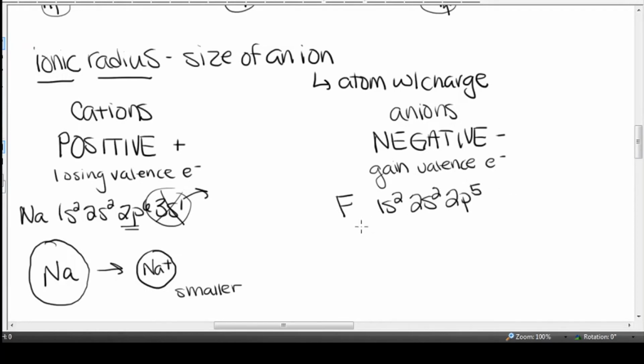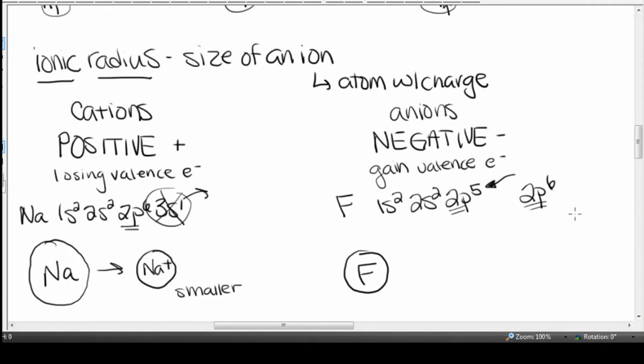If fluorine became fluorine 1 minus, like let's say we have an atom of fluorine, if it were to gain an electron, it would go right there into that 2p orbital to become 2p6. We haven't changed energy level, right? We're still in the second energy level. So you might predict that this ion is going to be the same size.